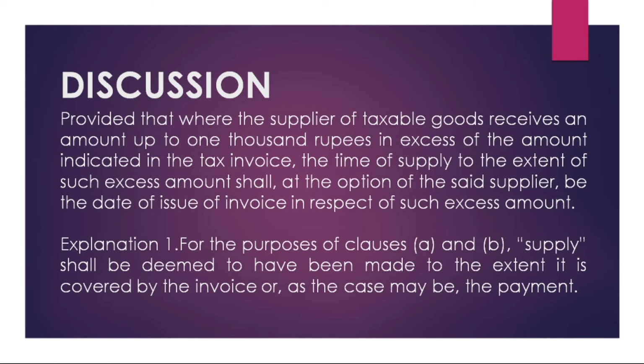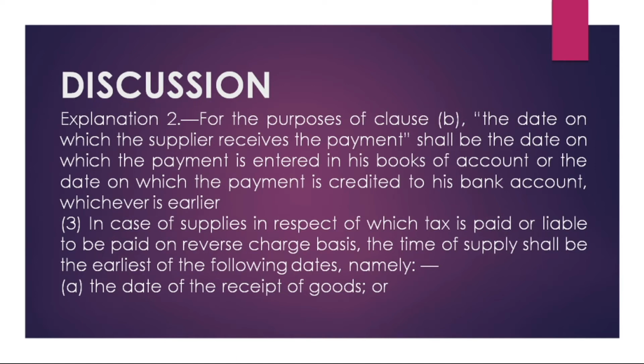Explanation 1 says, for the purpose of clause A and B, supply shall be deemed to have been made to the extent it is covered by the invoice, or as the case may be, the payment. Explanation 2 says, for the purpose of clause B, the date on which the supplier receives the payment shall be the date on which payment is entered in his books of accounts, or date on which the payment is credited to his bank account, whichever is earlier.